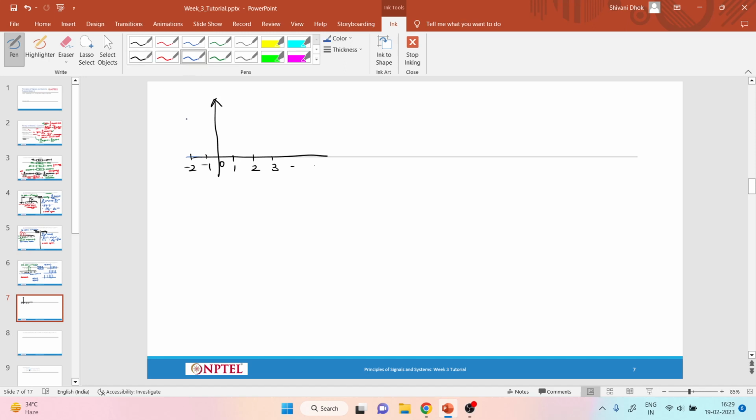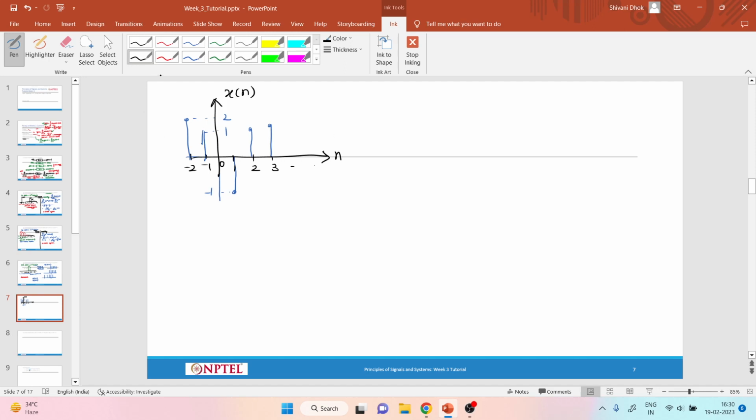Let's say my signal is taking a value of 2 here, then a value of 1 here, then -1 here, then again 1, and 1 again. I don't have anything for my reference, so I'm doing it here only.